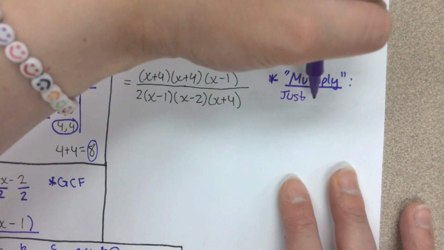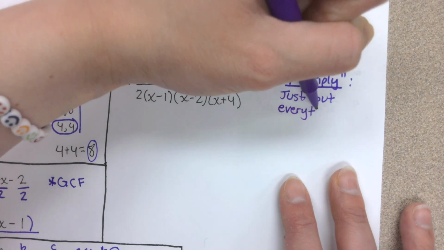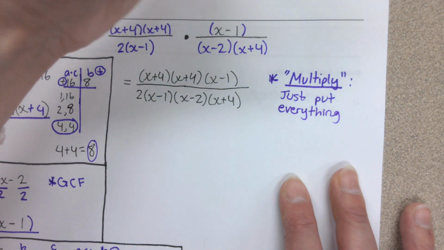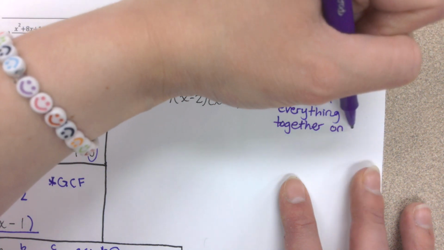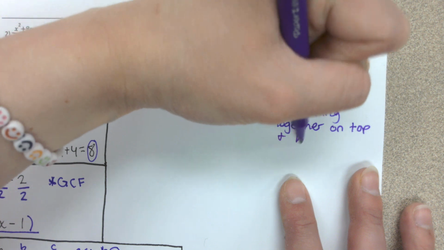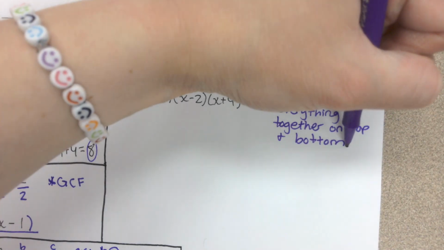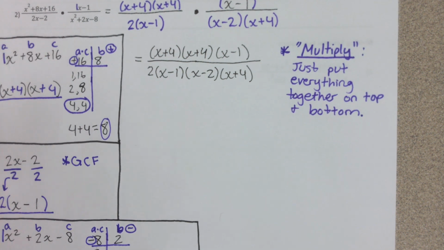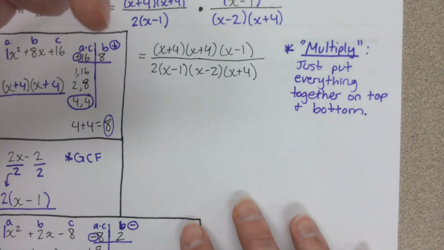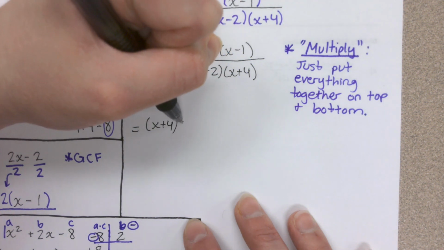Just put everything together on top and bottom. So again, that's what I mean when I say multiply. And I'm going to write this one more time to do the canceling. So just copy that down real quick.